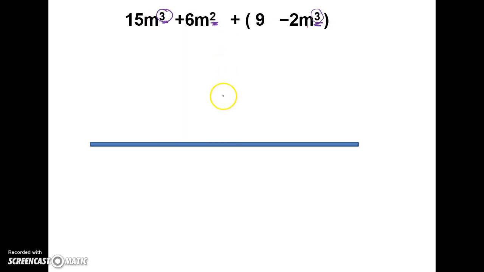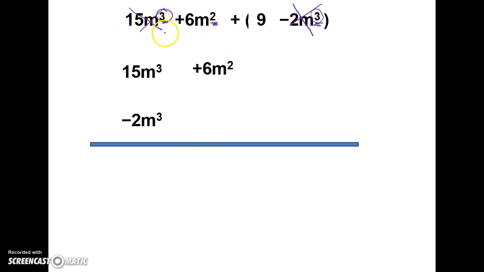So here we go. Let's group together 15m to the third and 2m to the third. Now that we've grouped those together, I like to cross these out. The next one, going in descending order, would be the second degree, so we'll go with 6m to the second.